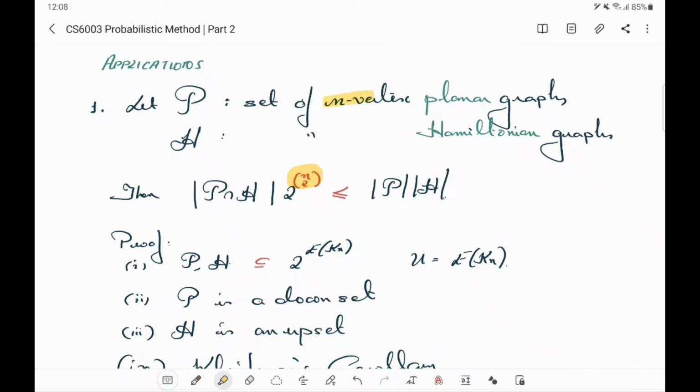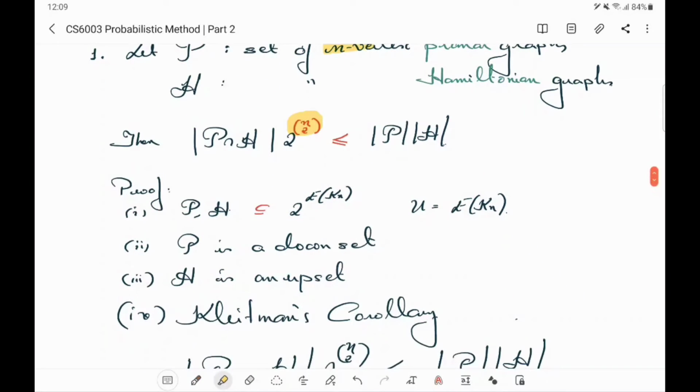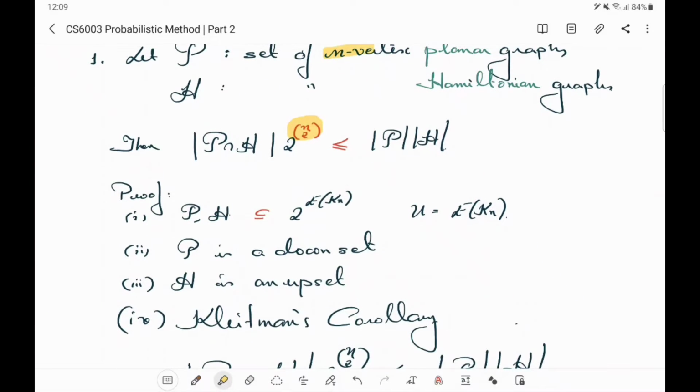We have n-vertex graphs, so the set of all possible edges, you have n choose 2 of them, the edge set of Kn, and any planar graph you should think of as a subgraph of Kn, or a subset of the edges of Kn. So make sure that you understand why we have 2 power n choose 2 and not 2 power n.